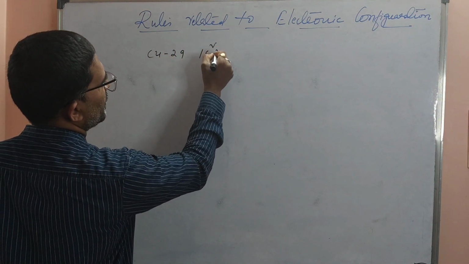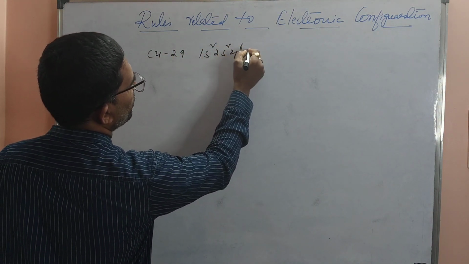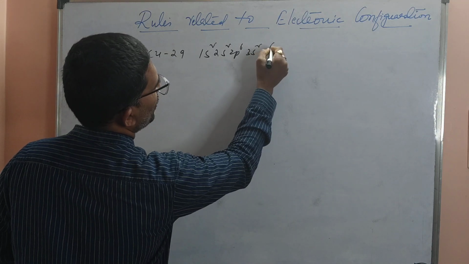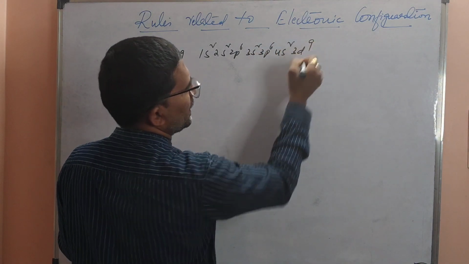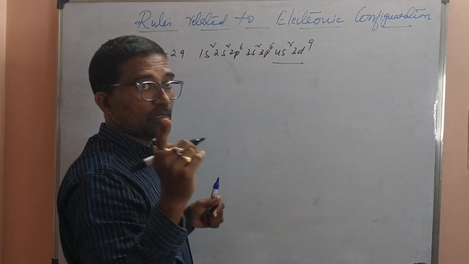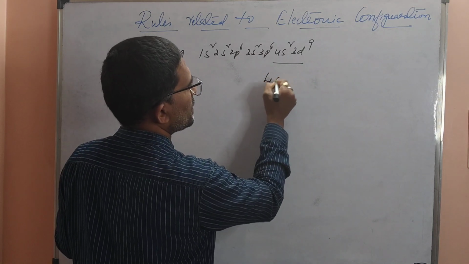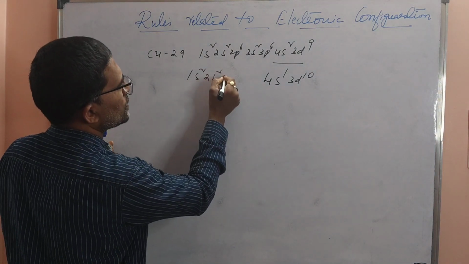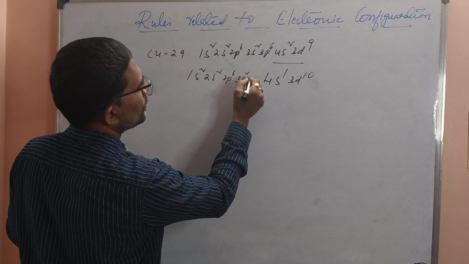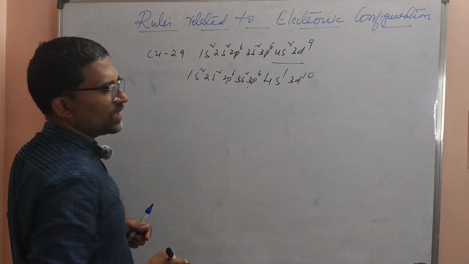Its configuration is 1s2, 2s2, 2p6, 3s2, 3p6, 4s2, 3d9. But to make it stable, as I explained in the previous class, I will write the configuration as 4s1, 3d10. So it is 1s2, 2s2, 2p6, 3s2, 3p6, 4s1, 3d10.